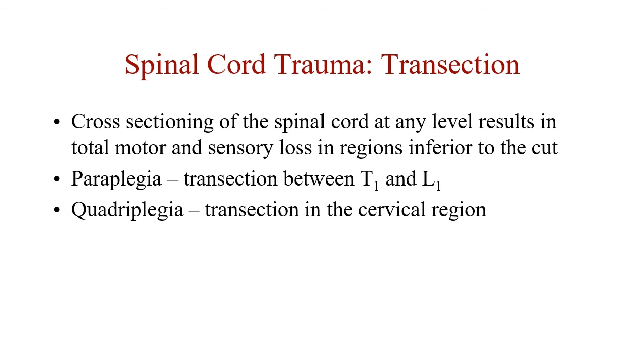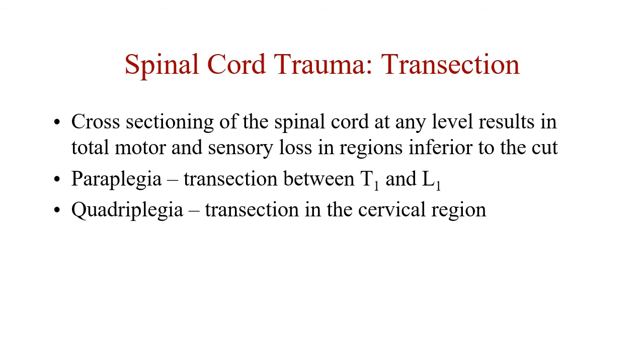If the cord itself truly becomes transected in some way, and so we've got some sort of injury that has caused the vertebral column to become damaged in such a way to where the actual cord becomes cut and/or just simply damaged enough to where, again, transmission does not occur anymore, then we can end up with either a paraplegia or a quadriplegia.